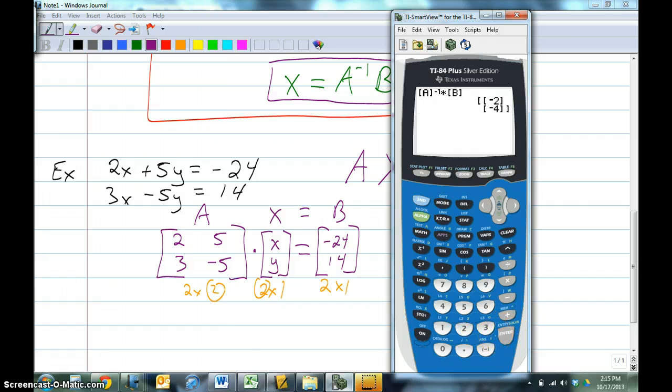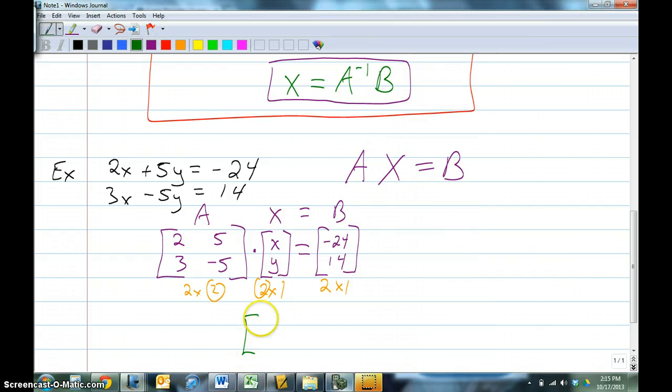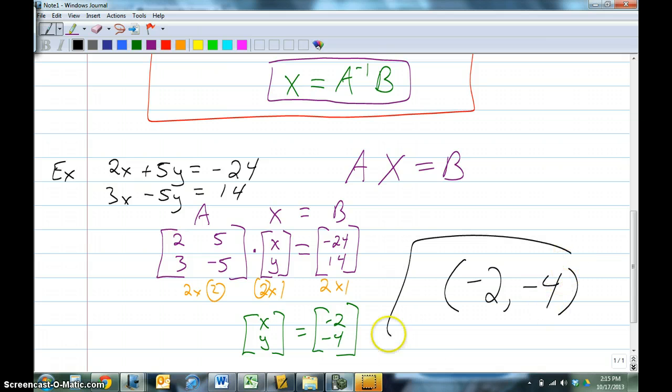We got the point negative 2 and negative 4. Or in other words, matrix X, which is X and Y, is equal to negative 2, negative 4, which is the solution to this system. We take this matrix and make it an ordered pair. Negative 2, negative 4 is our solution to this system.